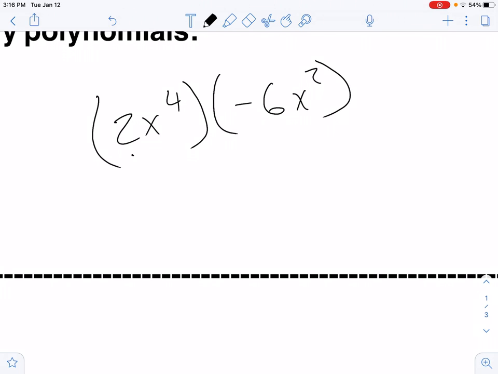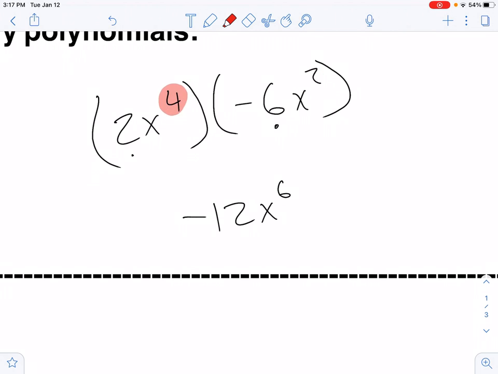So a base of 2 times a base of negative 6, 2 times negative 6 is going to give us negative 12. So I have base numbers that are just going to multiply. And then our exponent rules, when we're multiplying, we are going to add our exponents up. So I'm going to get x to the 6th.